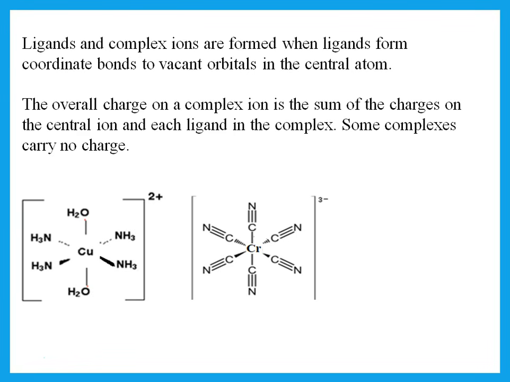So +3 minus 6, the overall is 3 minus. Again, if I have this, the copper ion in the middle is +2. Now, each of the chloride ions has 1 negative charge. So that means I have +2 minus 4, and that means the overall charge on that complex is 2 minus. Okay?